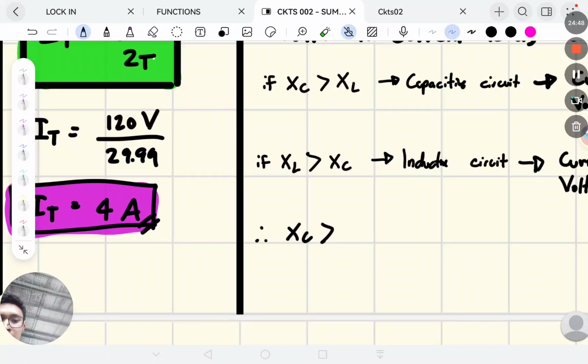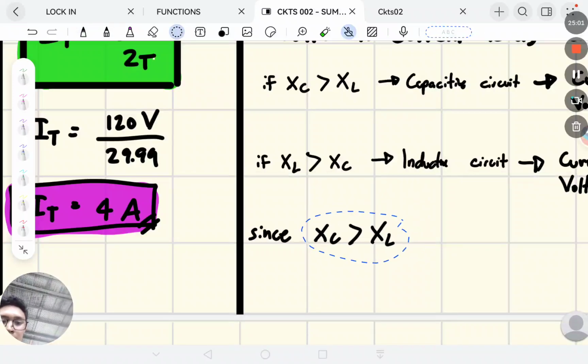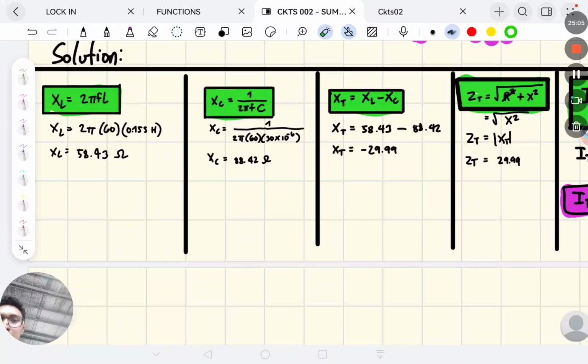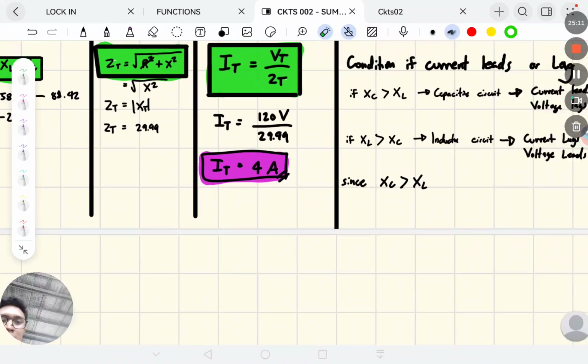Okay, so in our case, therefore, XC is greater than XL. Mas malakas sa XC.